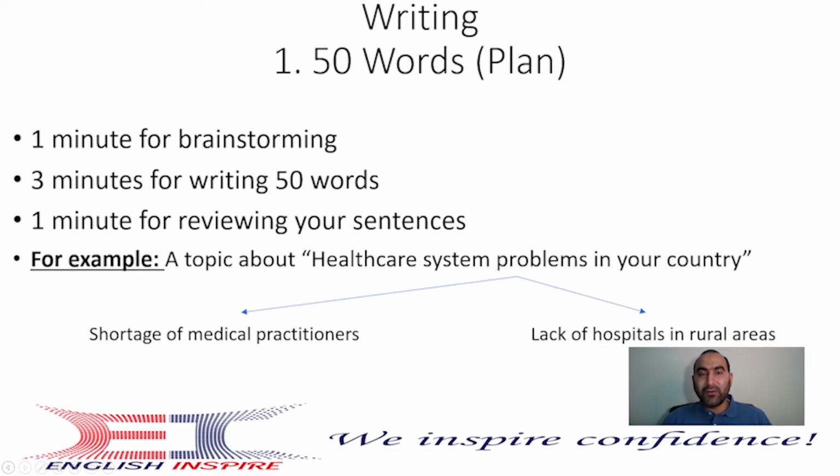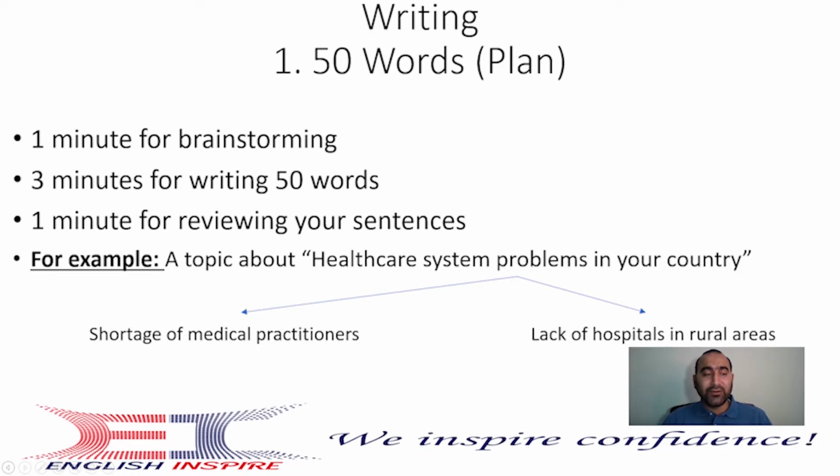So as you know, in the Duolingo English Test, you have to write at least 50 words in 5 minutes. So what's the plan for this task? Actually, it depends on your ability, it depends on your proficiency, but in general, I prefer this plan, which is to allow yourself 1 minute for brainstorming and 3 minutes for writing at least 50 words.